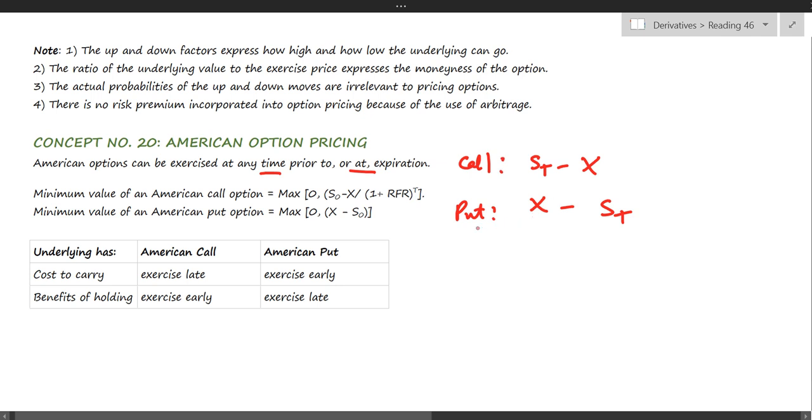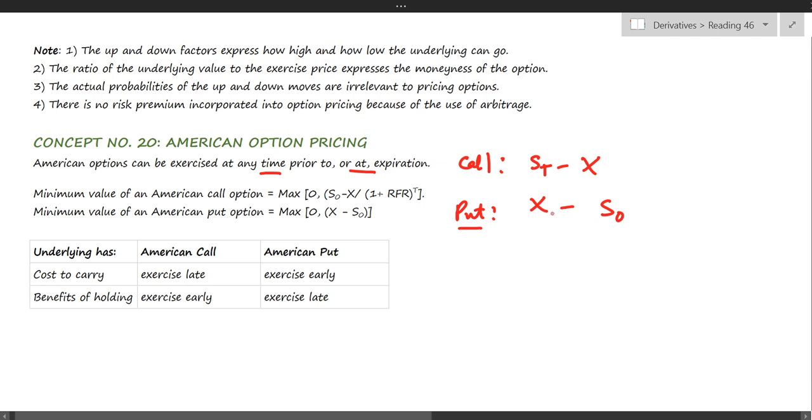Now let us first talk about put. Since this option can be exercised at any point in time, we do not have to wait till expiry. So instead of writing T, I can say that I can sell it even today itself, so this can be replaced with S0.